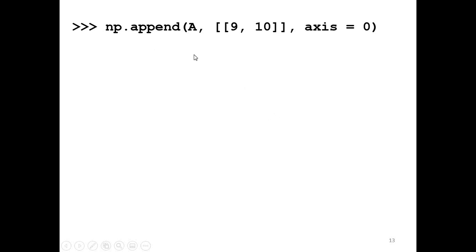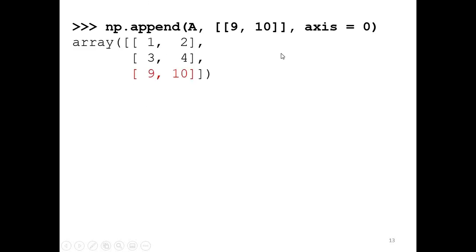Well, let's see even more. You do the same thing. You have your A, and the shape of this matches with this because it is a 2D array. Of course, this is 2 by 2, but this is 2 by 1. But one direction matches. But now you have told axis equal to 0. That means you want to go in this vertical direction.